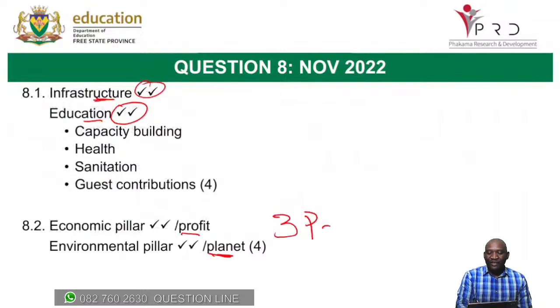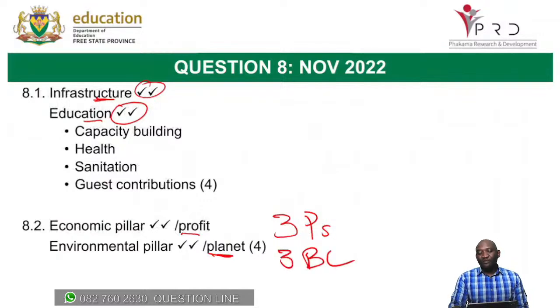So basically known as 3Ps or 3PL. That is the triple bottom line, or the 3Ps. It's easier to remember it when you say 3Ps: profit, planet, as well as people. But still, you need to know that people is social, and then profit is the economy, and then the planet is environment.